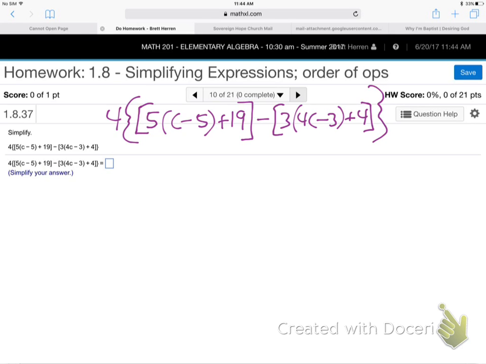All right, so start distributing through those parentheses. Start on the inside with those little parentheses, right? Distribute through those.